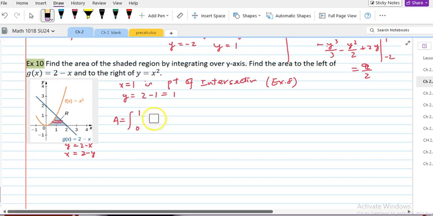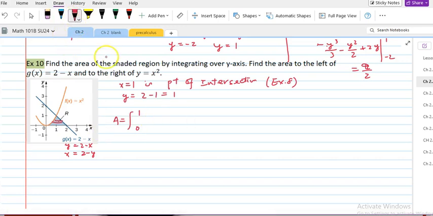We have to solve everything in terms of y. So it's 2 minus y, minus, what about this curve? y equals x squared, so x equals root y. So minus the square root of y, dy.